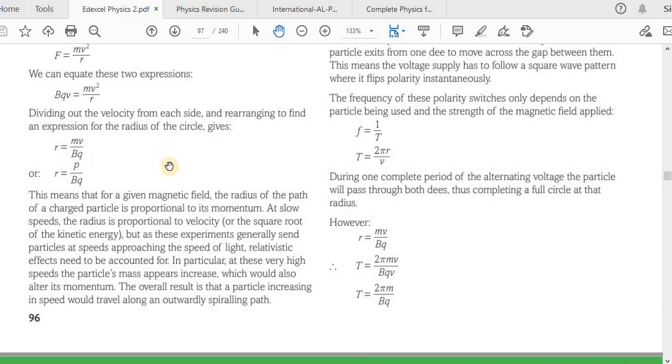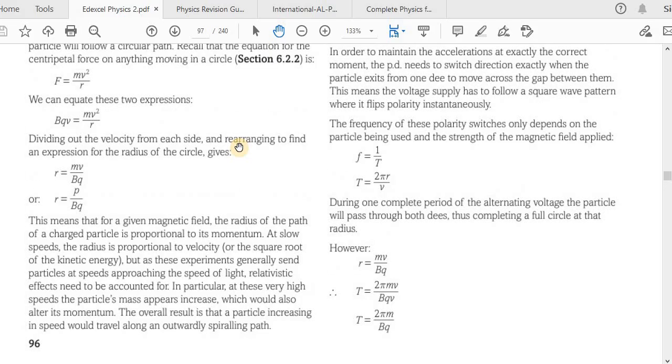Now remember the equation, kinetic energy equals half mv squared. If you make v the subject of that equation for kinetic energy, then we will have v equals the square root of something, and the kinetic energy is inside that.